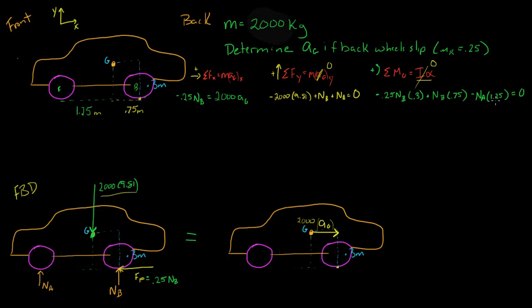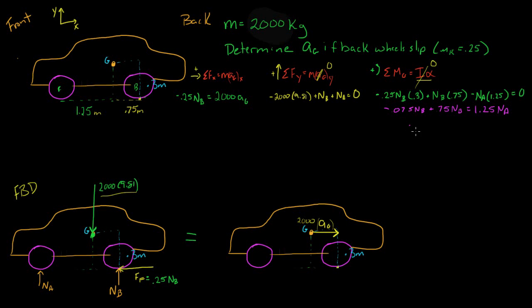So when I combine this, I'm going to get 0.75 NB, and then I'm going to have a minus 0.075 NB. And this is going to be equal to 1.25 NA. I just moved this to the other side of the equation.